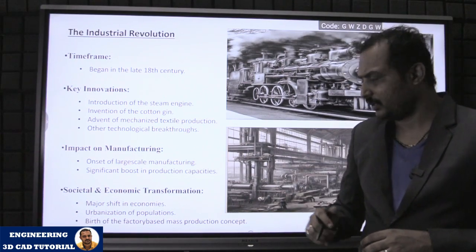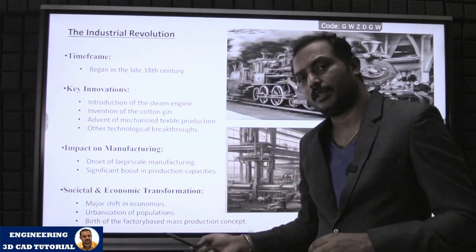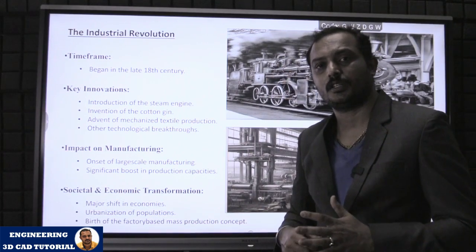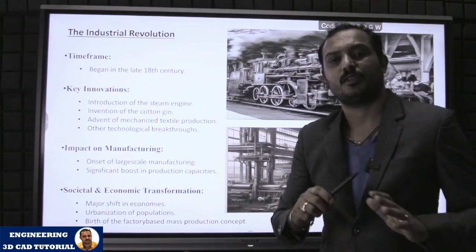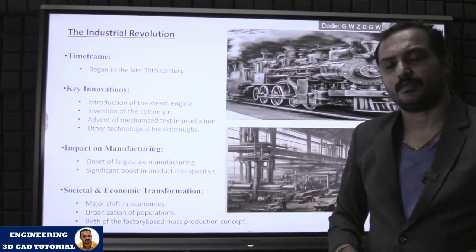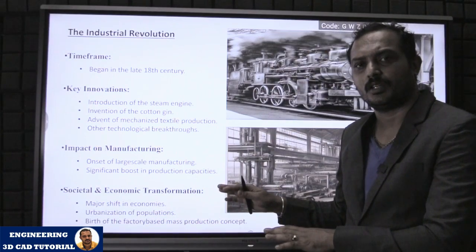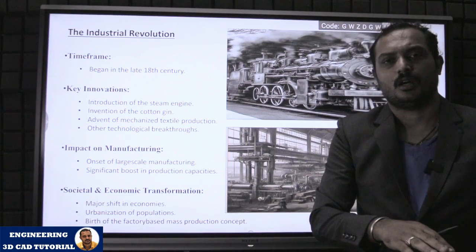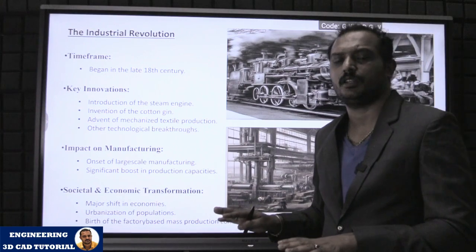So later on, once the urbanization started, that means the industrialization started, the labors required, they have started moving from one place to another place. So the urbanization happened. That means the people who are staying in the rural areas, they have moved to urban areas, because when they are staying in the rural areas, they are not skilled laborers.